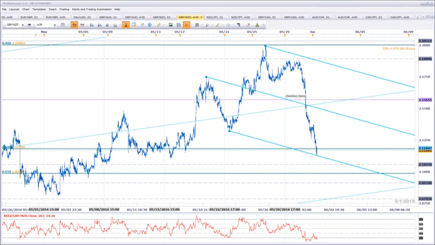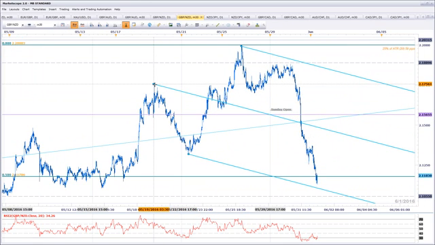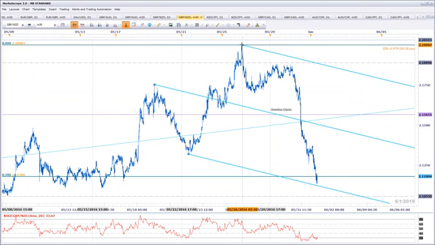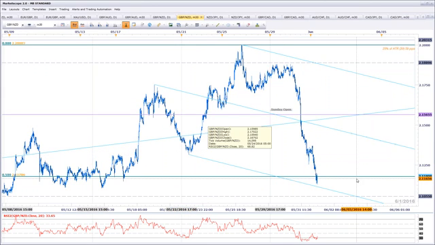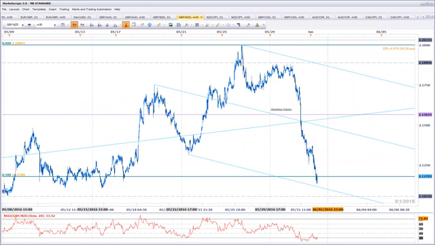Puts us at support basically right here. Maybe a little bit more lower to go here, but near term, you are coming into some support I'd be looking for.